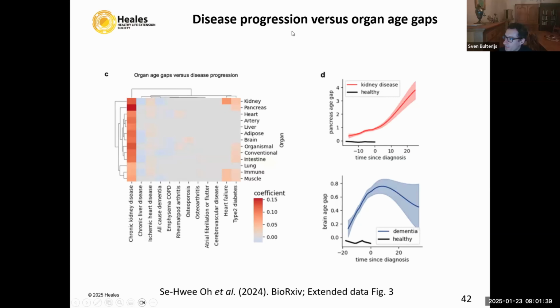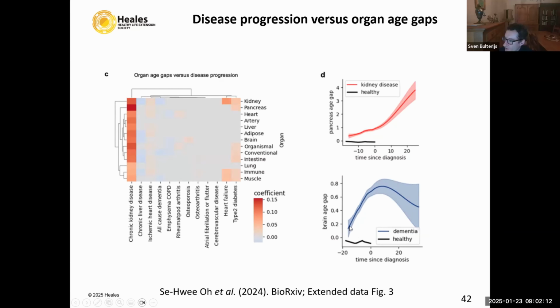So here, this is progression over time versus the aging gaps. What it shows is that, for example, for kidney disease, as time goes on after diagnosis, the pancreas age gap keeps going up. So your pancreas gets older and older and older in people who have this kidney disease, but not in healthy people.